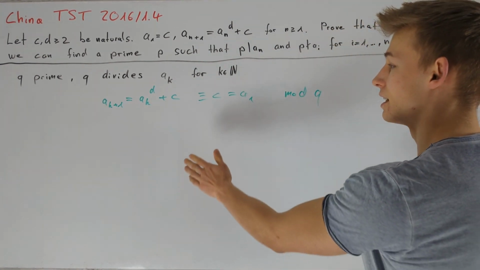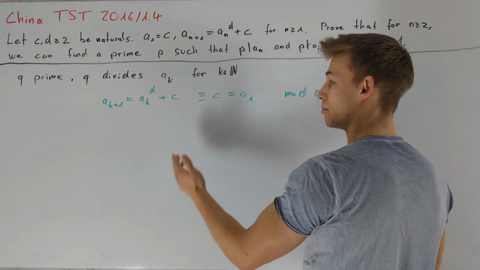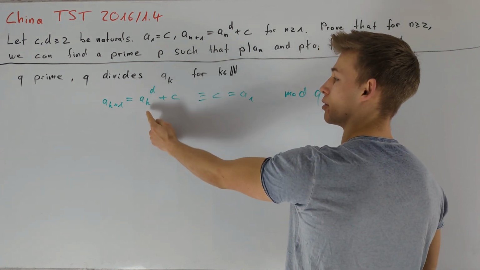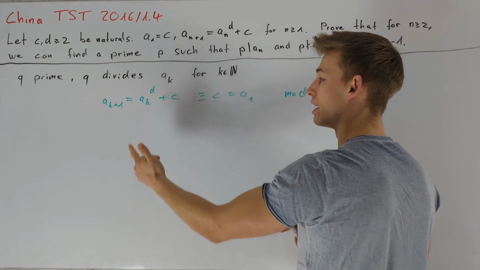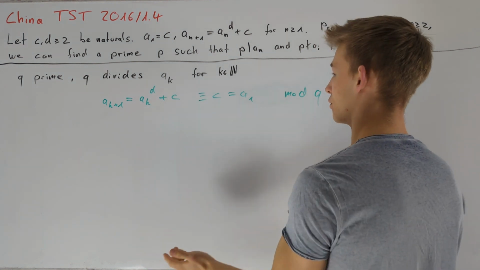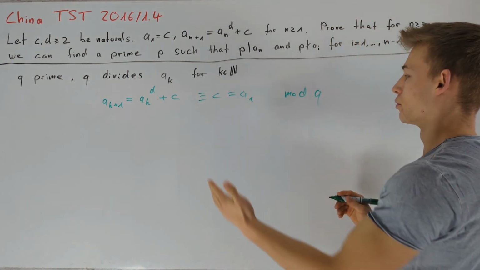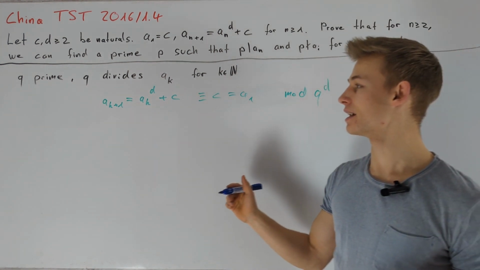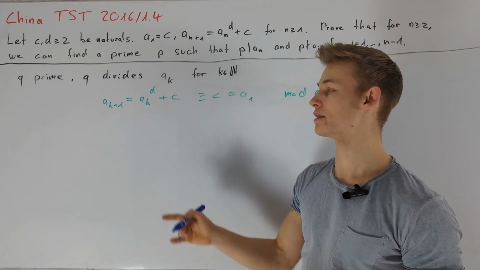Taking a closer look at this, we can get an even better statement, because since a_k is divisible by q, a_k to the power of d is divisible by q at least d times. Therefore, this equation here also holds modulo q to the power of d. Right now, we only use the fact that q divides a_k at least once.